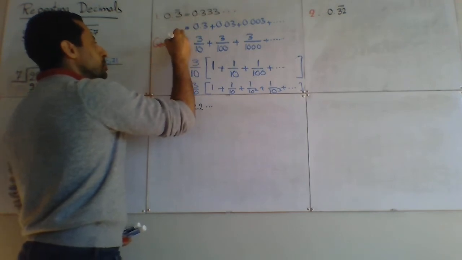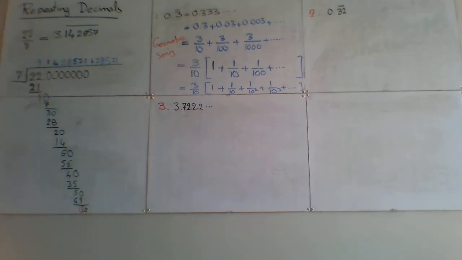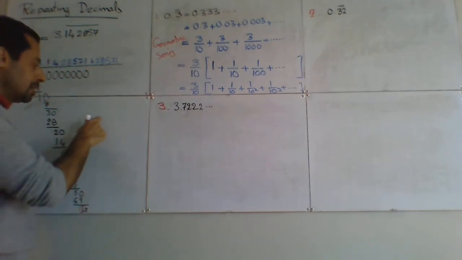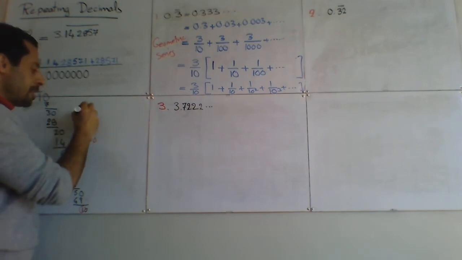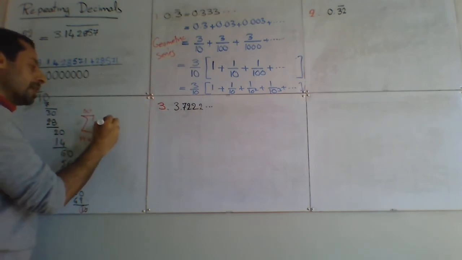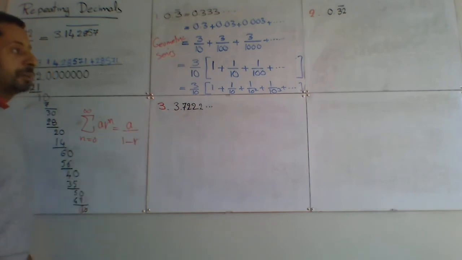Since it is a geometric series, we can use the formula for the sum of a geometric series, which says that the sum from n equals 0 to infinity of ar^n is a over 1 minus r.